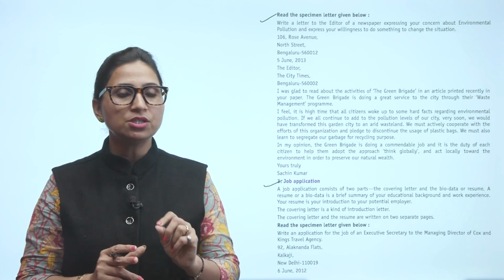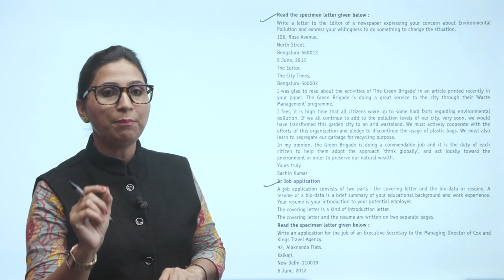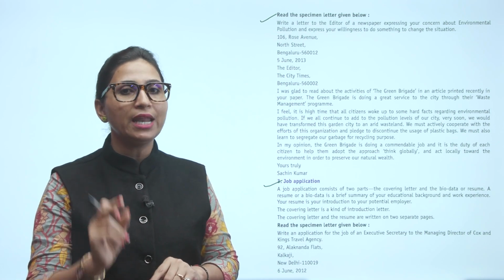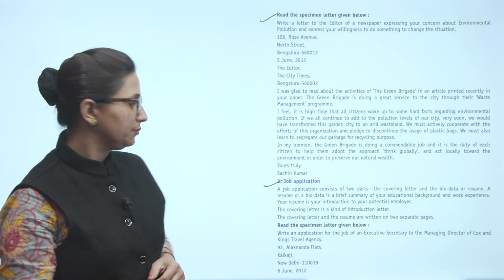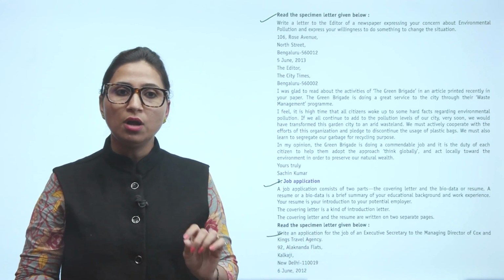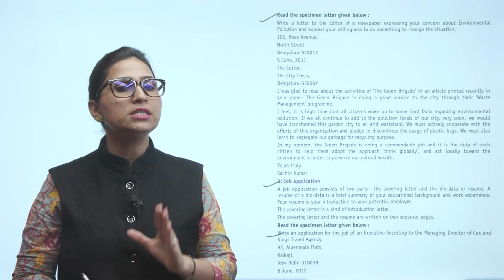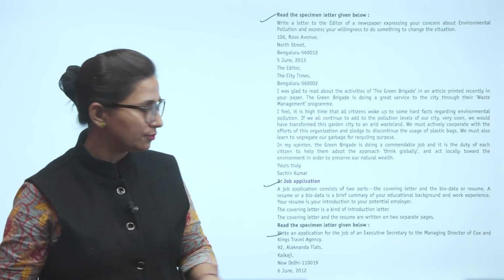Read the specimen letter given below. अब देखेंगे इसका पहला लेटर क्या है. Write an application for the job of an Executive Secretary to the Managing Director of Cox and Kings Travel Agency. So let's read. 92 Alaknanda Flats, Kalkaji, New Delhi 110019, 6 June 2012.